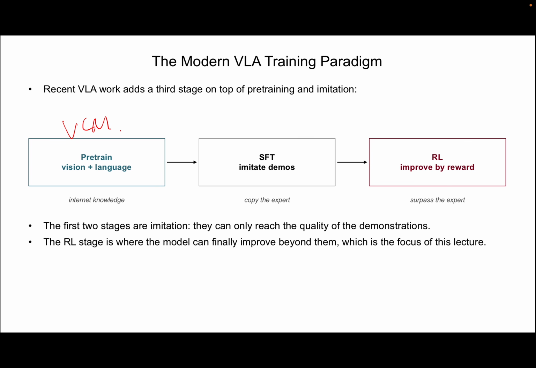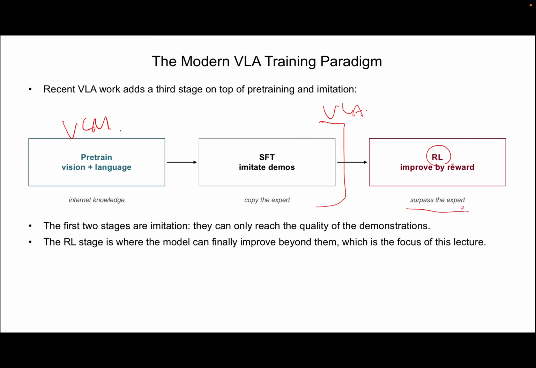And SFT, supervised fine-tuning: say we have a reasonable amount of teleoperation data, then we can do supervised fine-tuning by imitating demonstrations, copying the expert. So far that was the typical VLA. We've covered them in the previous lecture, and today we will incorporate RL to improve the VLA model by reward to surpass the expert.